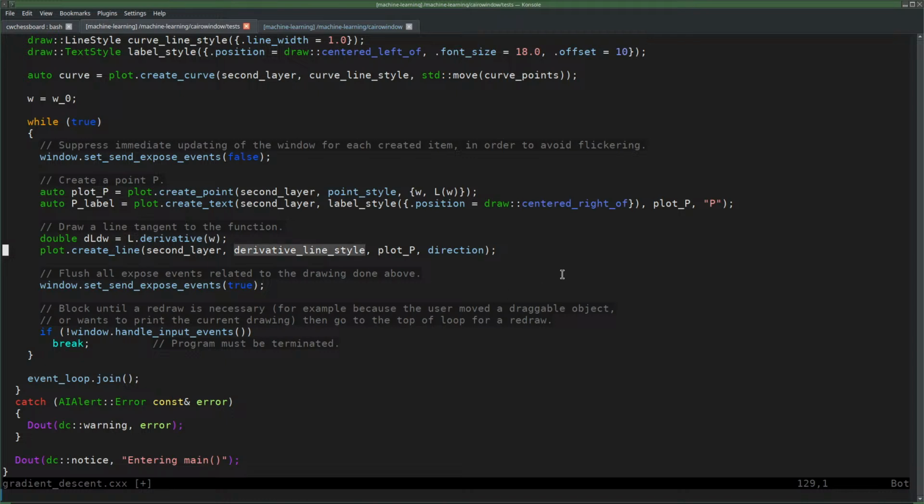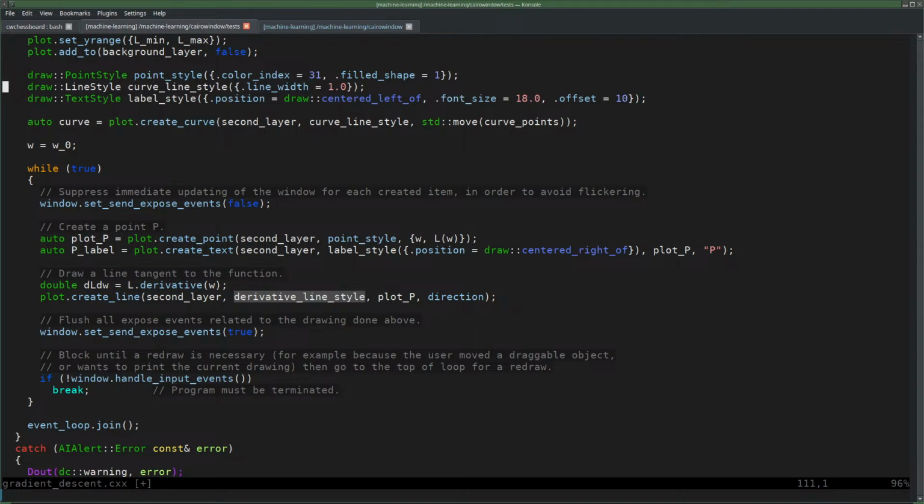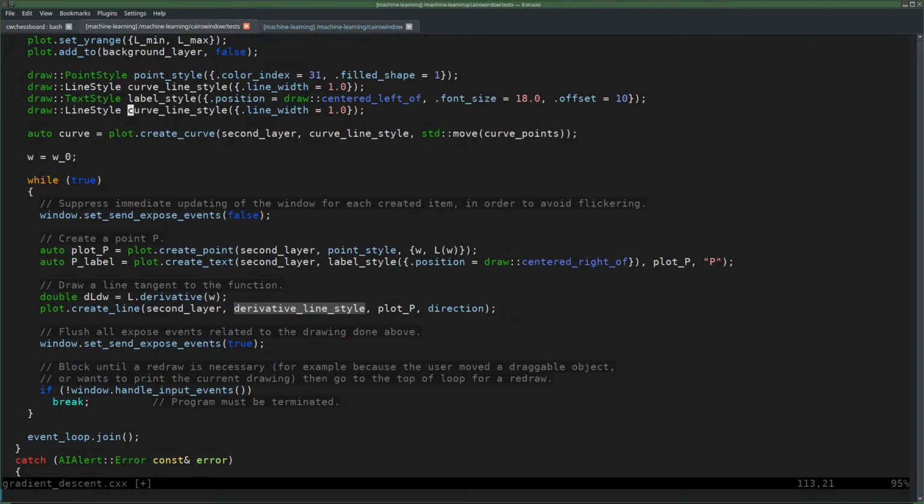No, I need to create that one. So that would be another line style. Line width, definitely.